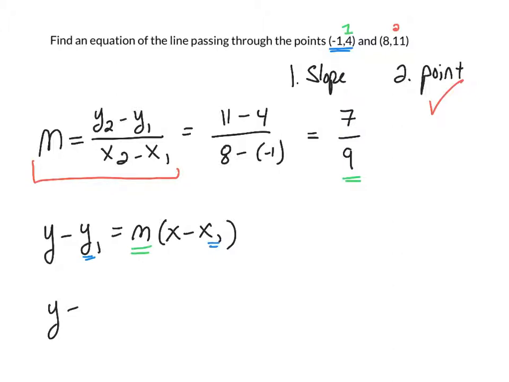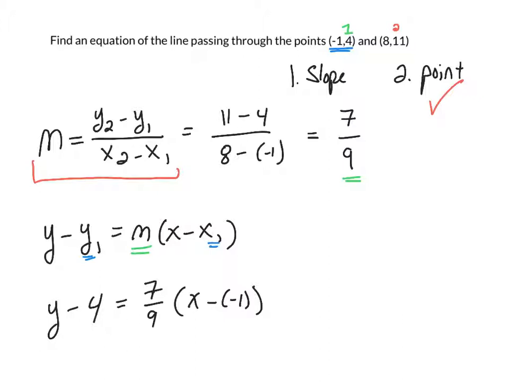So y minus my y1, which was 4, is equal to my slope, 7 over 9, times (x minus my x1, that was negative 1), so x minus negative 1.